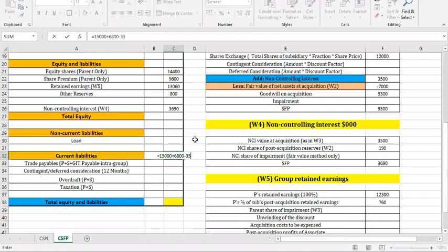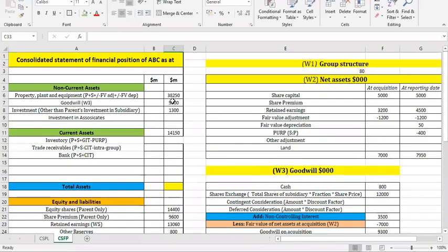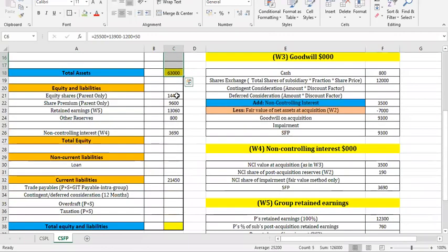Yes. Now we are done. Let's just total it. Hopefully we have done it. 63,000. Yes, balanced. Okay, this was the question.